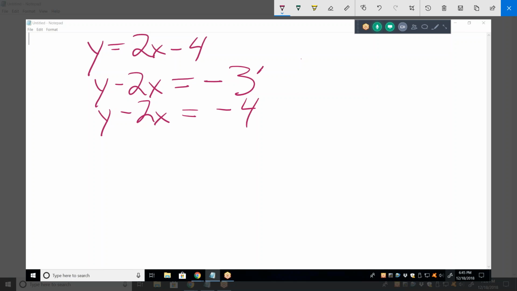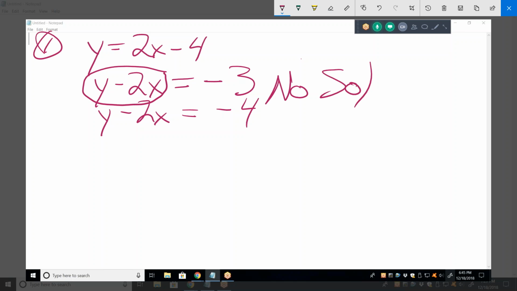Now you immediately see that there's no solution. There's no way y minus 2x could equal minus 3, while at the same time y minus 2x equals minus 4. That's immediate no solution, and it only really took one step. I tried to make that top equation number 1 look like y minus 2x, and I could see that all you got to do is subtract 2x to do it.